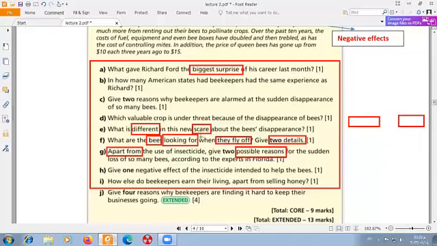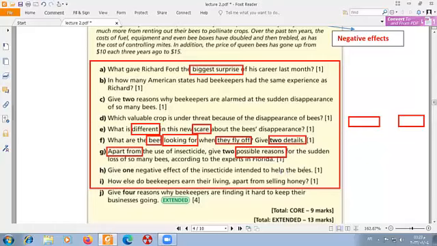Let's see. He said, give one negative effect. Isn't that the question? G or H? H. Yes, H. He said in H, give one negative effect of the insecticide intended to help the bees.